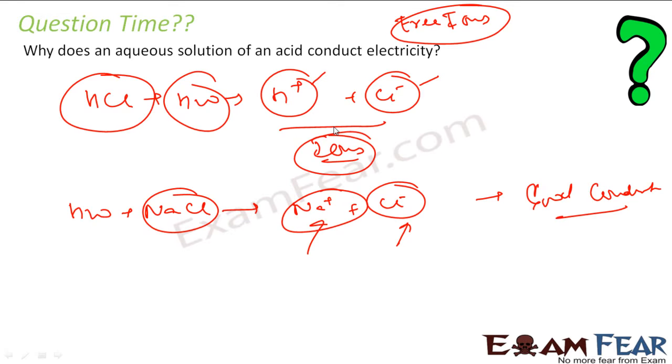Correct? If you want to understand more on this, we have a physics chapter on current electricity where we've explained how these ions help in conducting electricity, because electricity is nothing but electrons. For electrons to carry, they need a carrier.